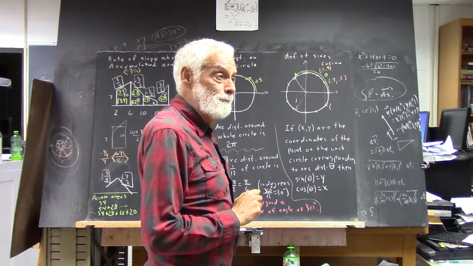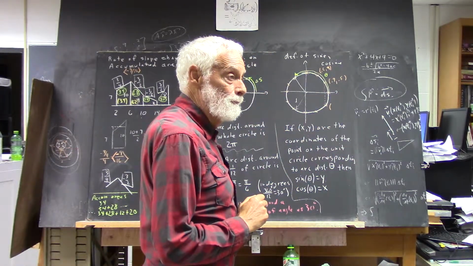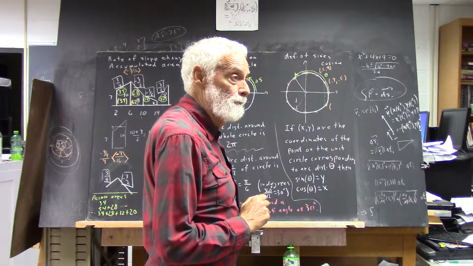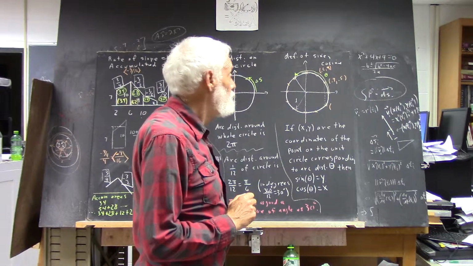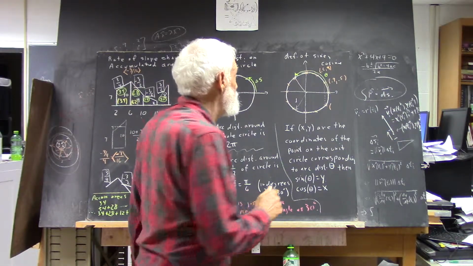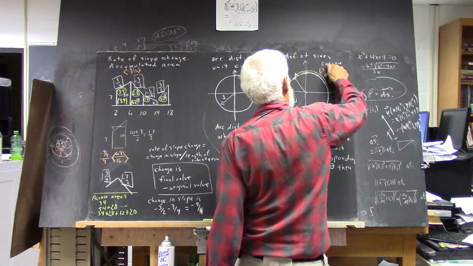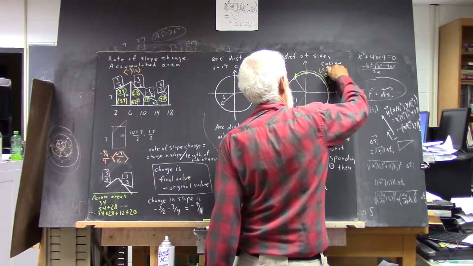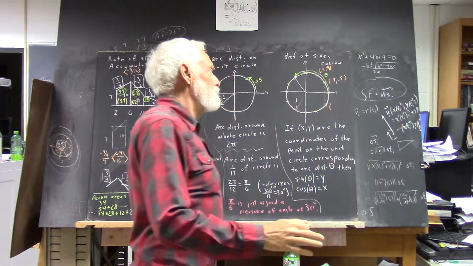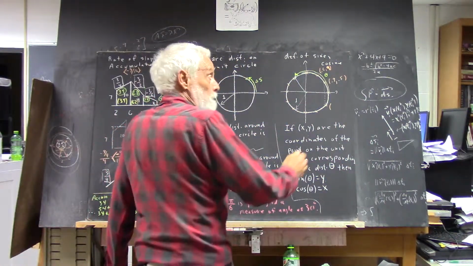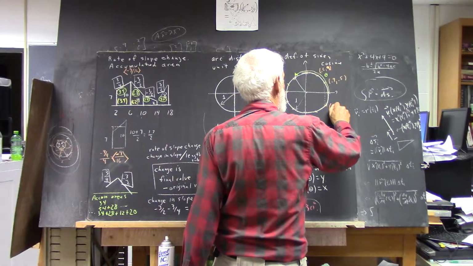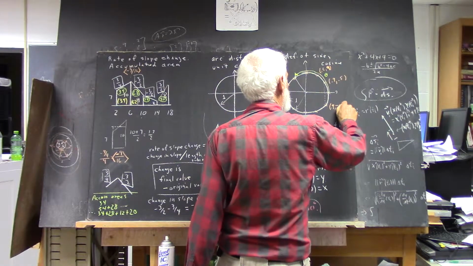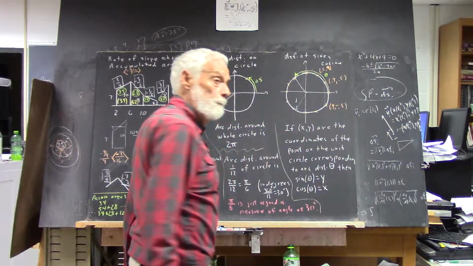So pi over 6 would be 0.9, 0.5, and then 2 pi over 6 would be 0.5, 0.9. Yeah, it's a bad 9, although I can tell what it is. It might get a little blurry from a distance. Okay, so anyhow, this is 0.9, negative 0.5, right?